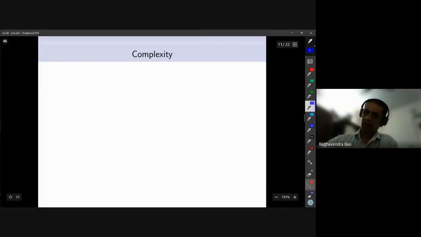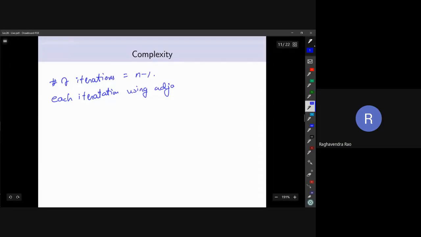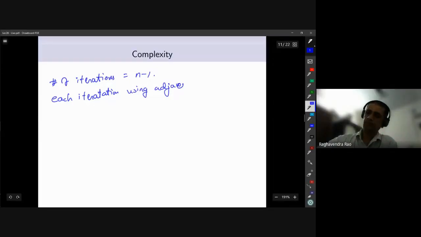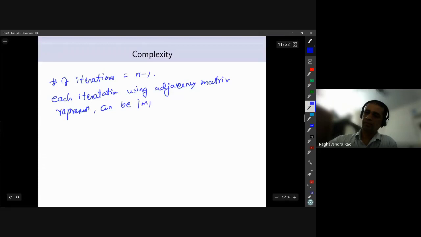So in summary, the number of iterations is n minus 1. Each iteration, using adjacency matrix representation, can be implemented in order of n time.